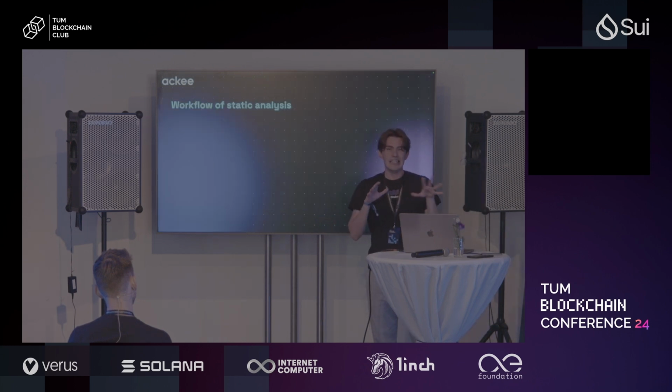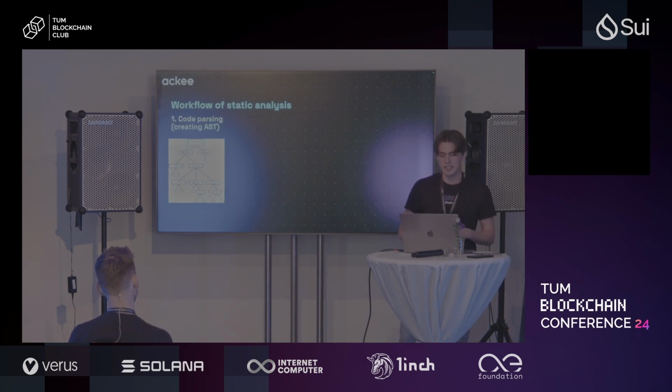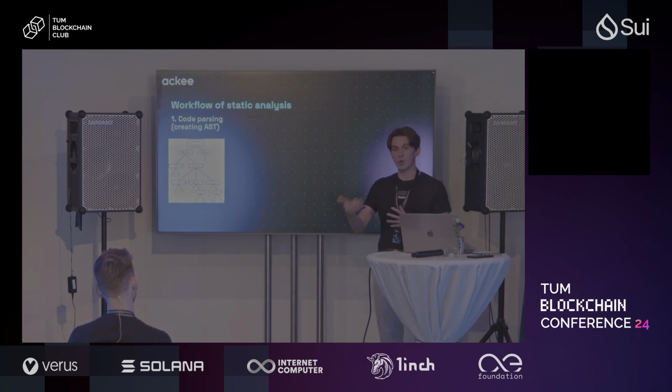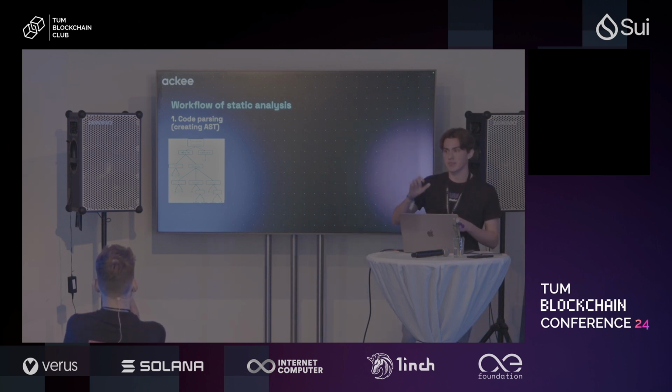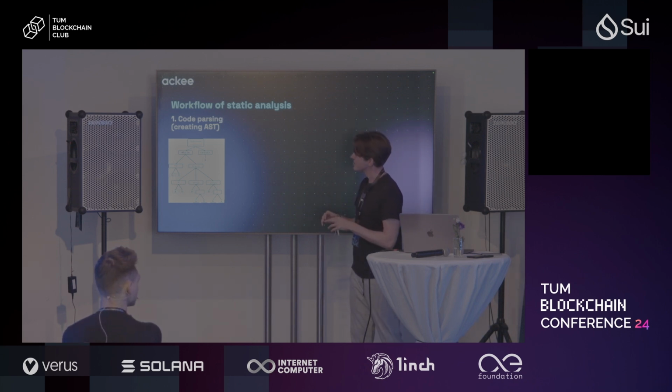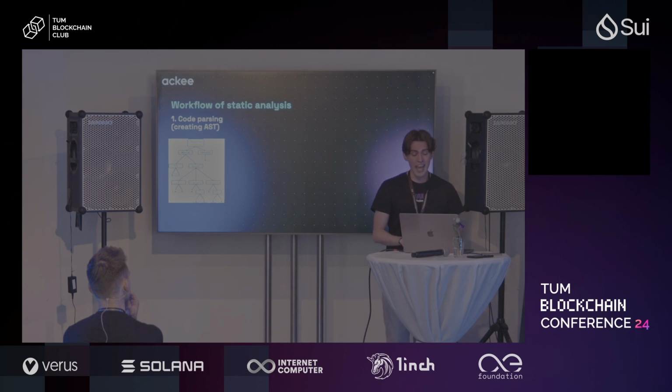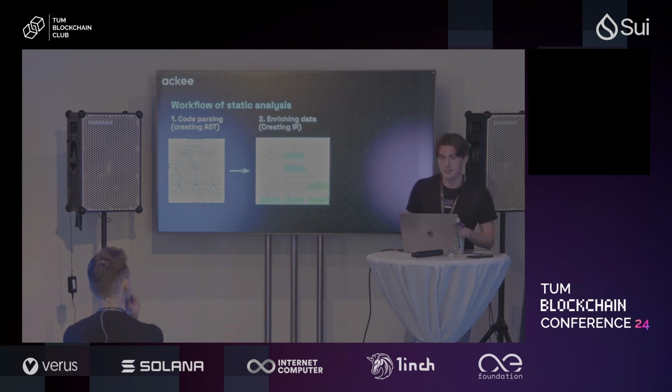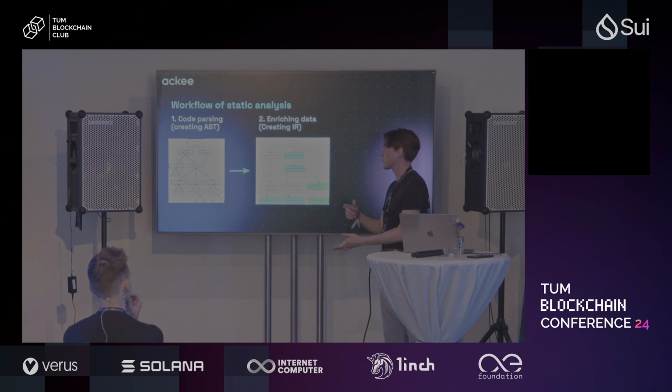Okay, let's speak about the workflow of static analysis. Firstly, we use the Solidity compiler to create an abstract syntax tree. However, this abstract syntax tree has really little data about the code base. We need to enrich it with connections, with types of connections, with types of nodes that are introduced in the abstract syntax tree.